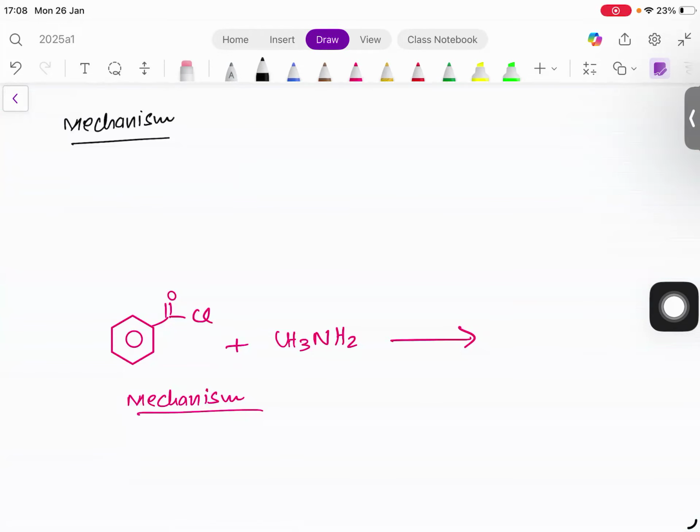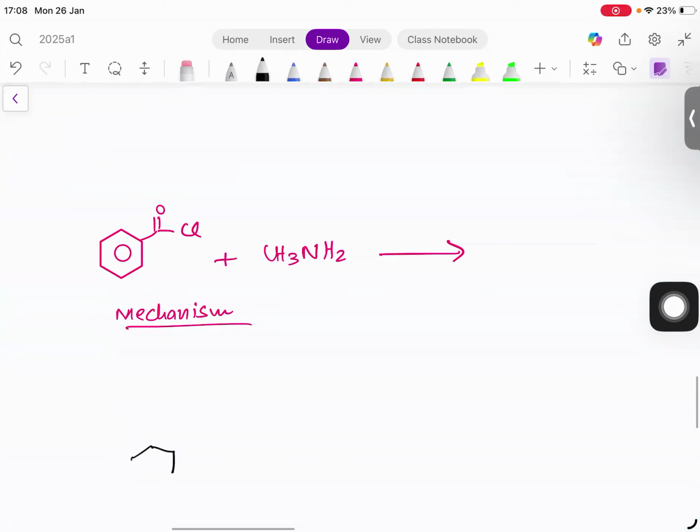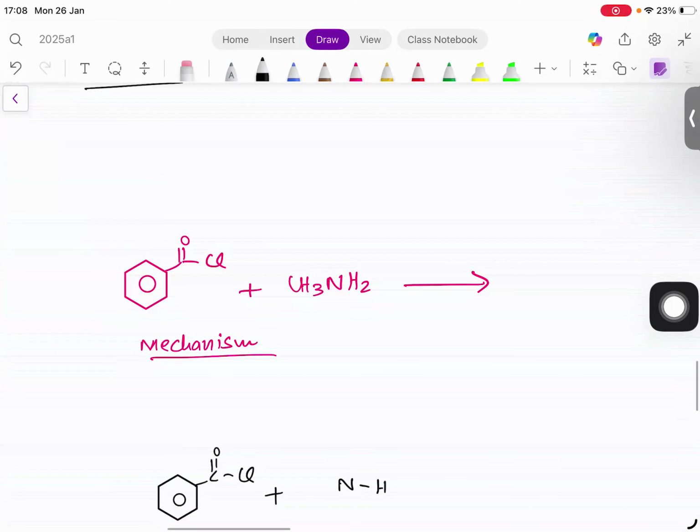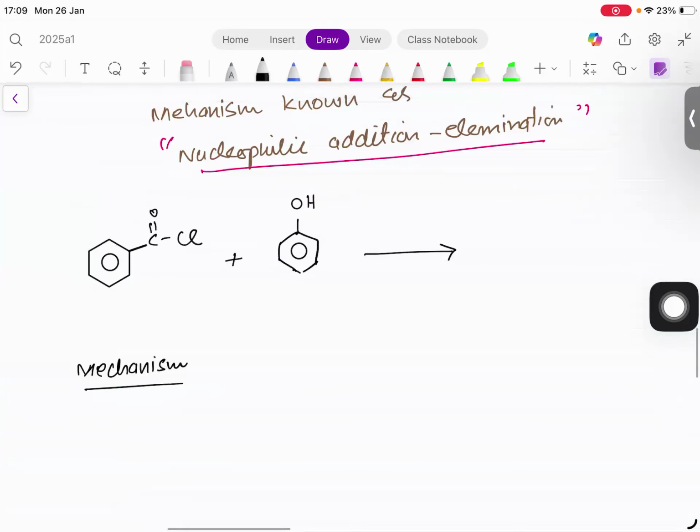And then benzoyl chloride plus NH3 and the mechanism. Here you go.